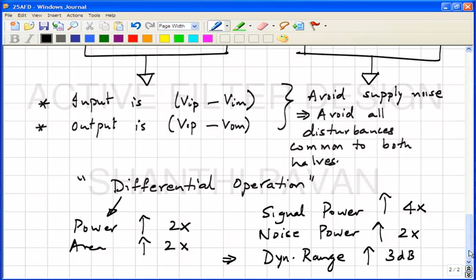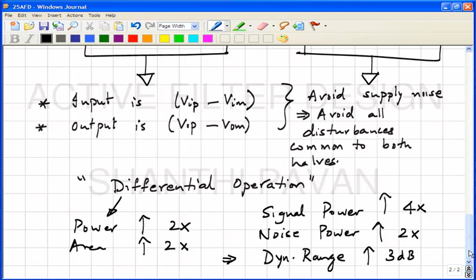Okay. So, are we doing better or are we doing worse? There is really nothing to be surprised about, right? You are burning twice the power and you are getting 3 dB more dynamic range, which is a reasonable thing to do. Correct?